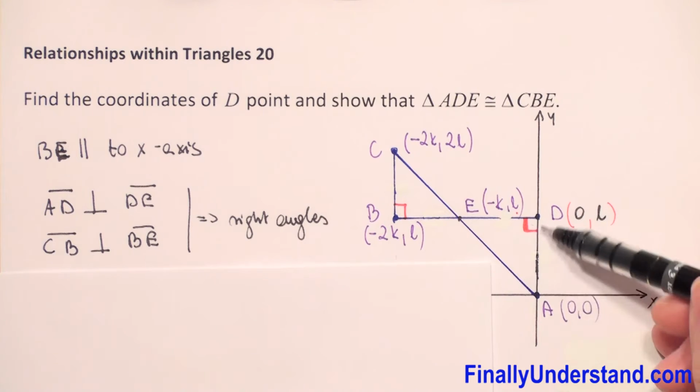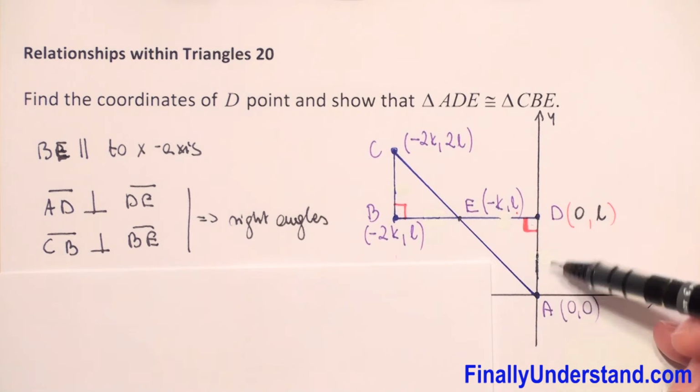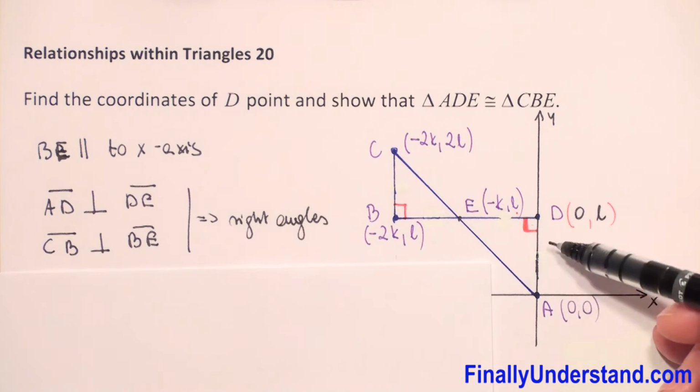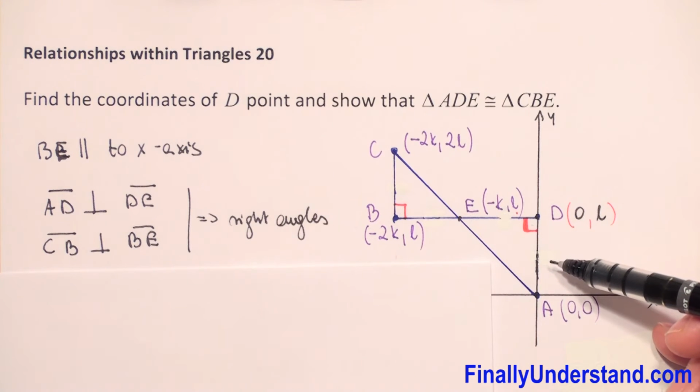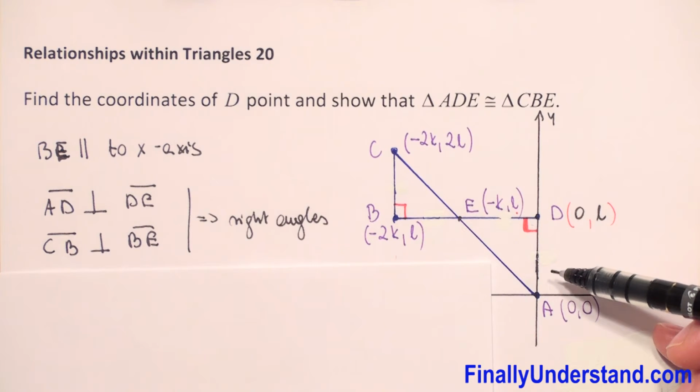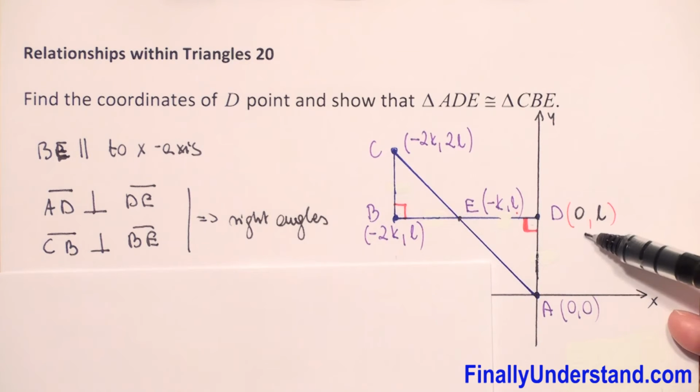Because AD is a vertical segment, to find the length of this vertical segment, we will find the absolute value of the difference of the y-coordinates of the endpoints, because the first coordinates are the same.